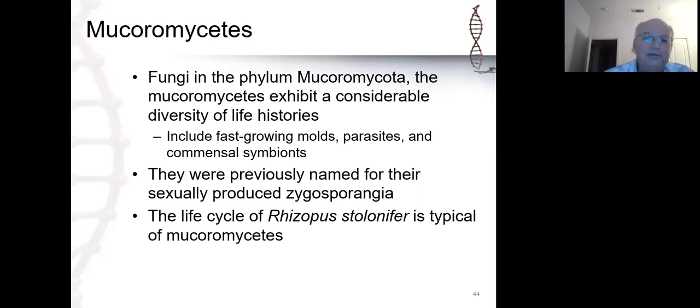And we just see those in the Zoopagomycota. And so we see some of those here also in the Mucoromycota. So let's take a look at the life cycle of Rhizopus as a typical mucoromycete.